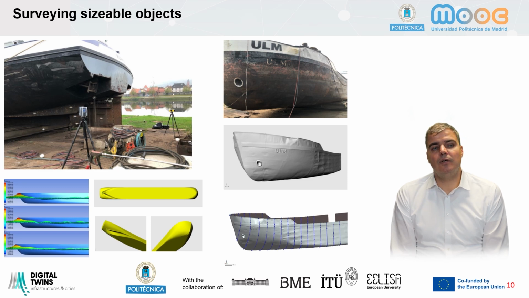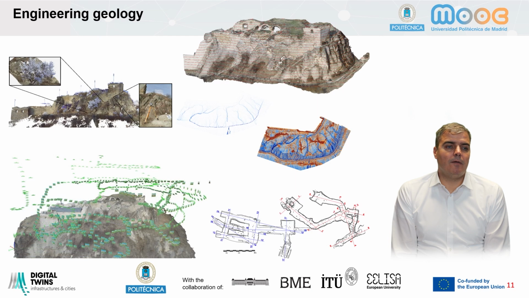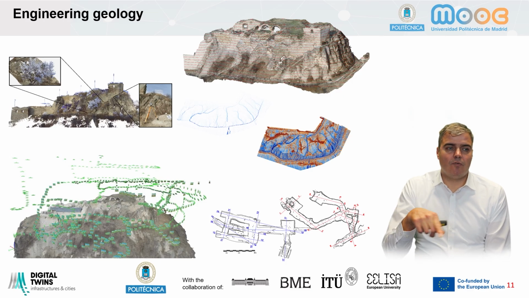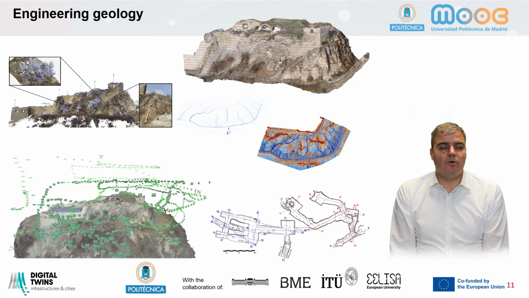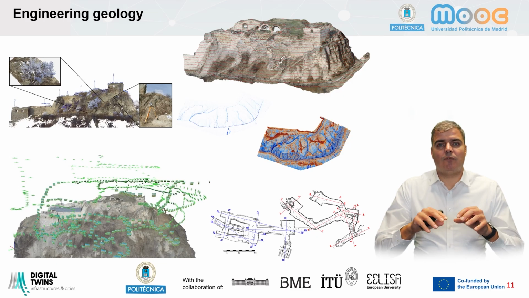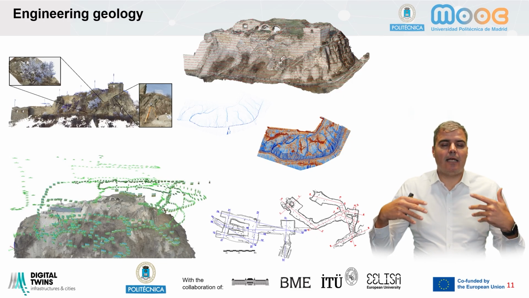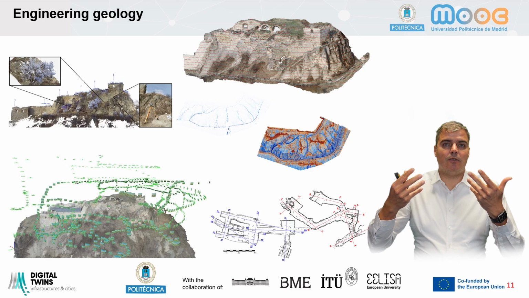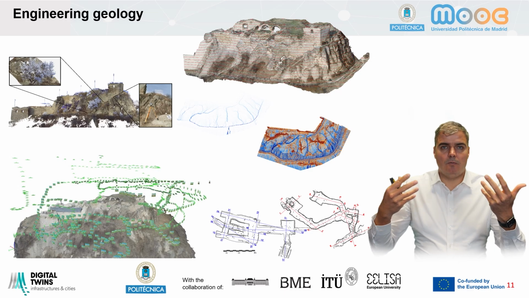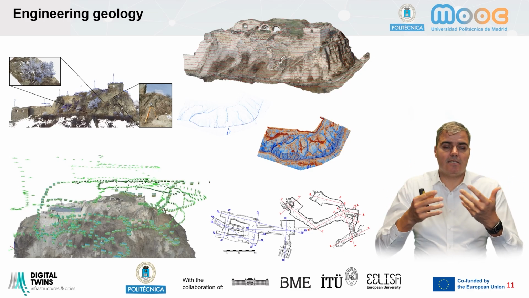In case of these measurements at a castle, we captured the geometry of the rock walls of the castle, because rocks were falling down. It was dangerous. So we captured it from the ground with terrestrial laser scanning, and combined the laser scan data with UAV photogrammetry with imagery, so not drone laser scanning.